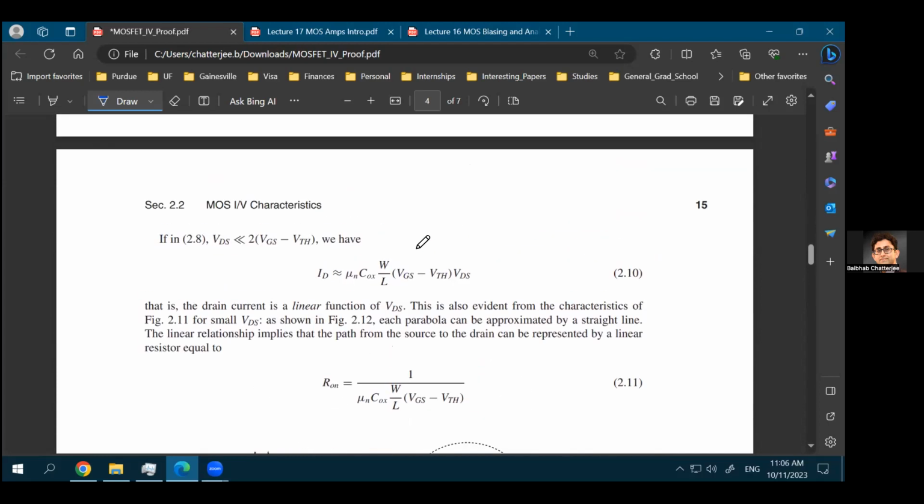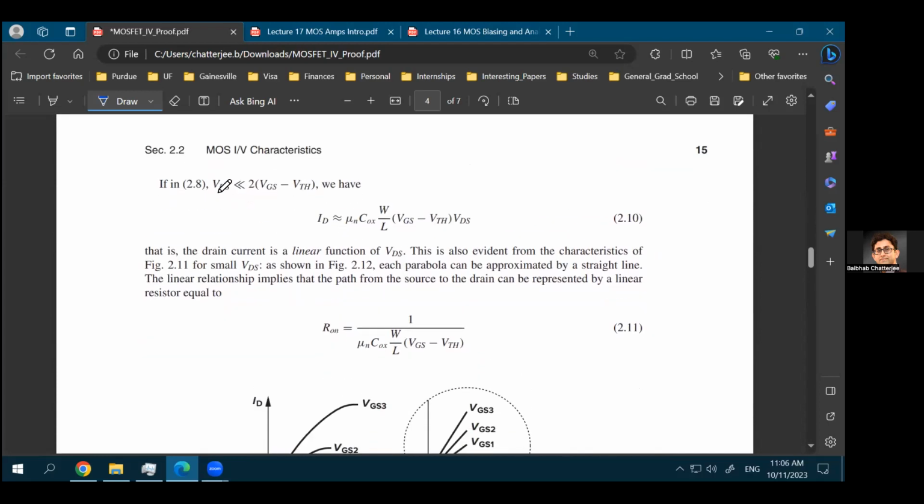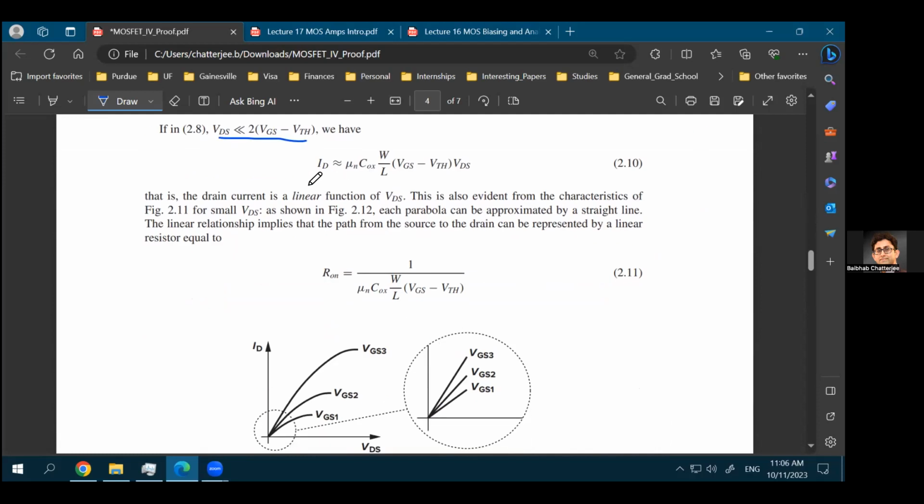And this is something we already talked about, that when VDS is much smaller than VGS minus VT, you can represent your ID as a function that is almost proportional to VDS, which means you are in this linear resistive region, and you can also calculate what is the value of that resistance. The value of that resistance is basically your voltage divided by current. So your VDS divided by ID is the value of that resistance. So it is called the on resistance of the MOSFET.